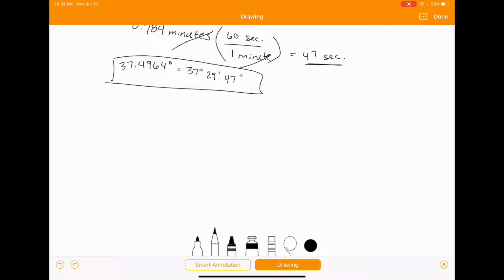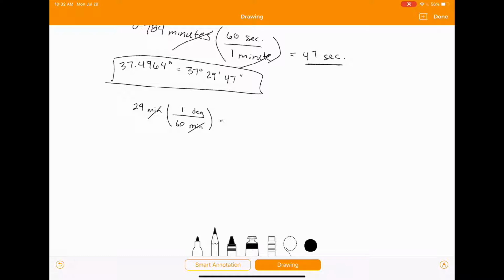So again, this is already in degrees, but we need to get this and this into degrees as well. So we're going to go 29 minutes, and we want that in degrees, so we put degrees on top, and we need minutes to cancel, and we know that there are 60 minutes in 1 degree.